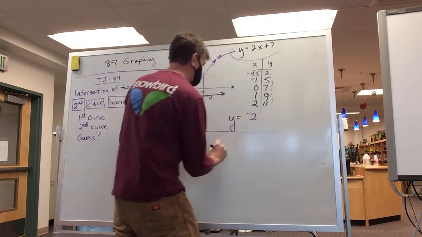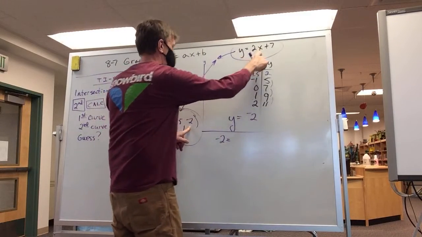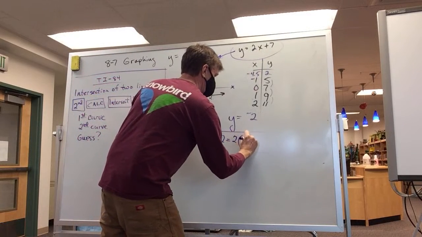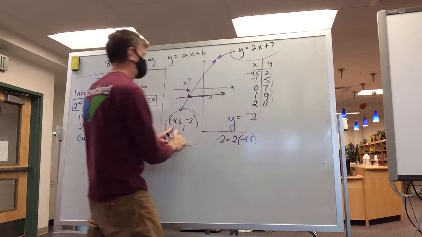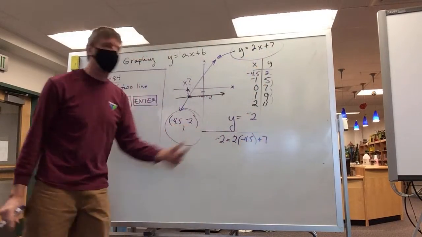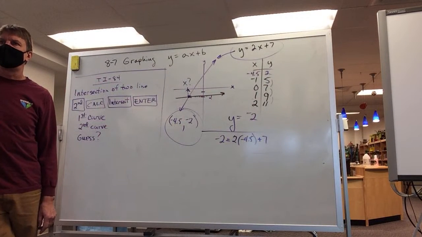So what I'm going to do is write -2 equals 2 times the X value plus 7. So we just substitute that in and then do the arithmetic. Is it correct?